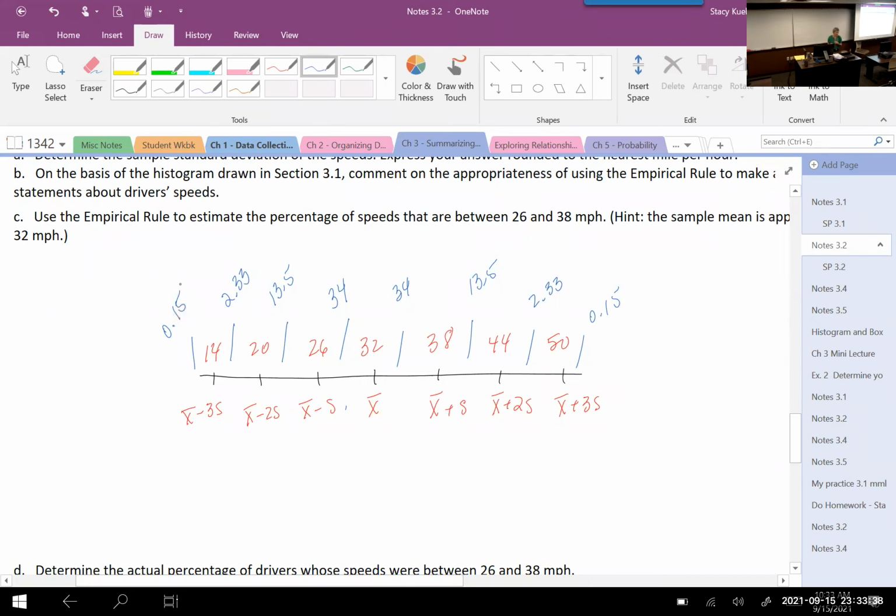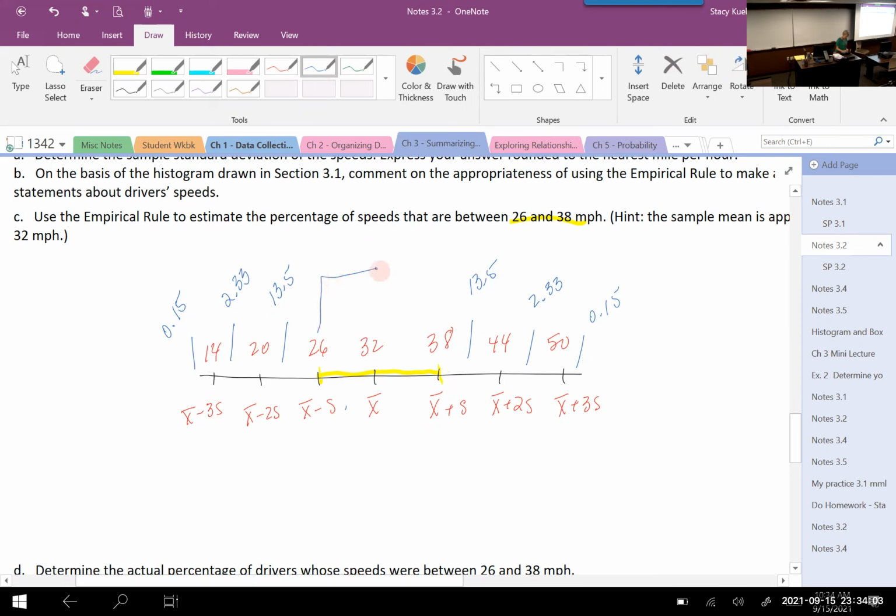Now, the question says, I want to estimate what percentage of speeds fall between 26 and 38 miles per hour. So I'm here at 26 all the way up to 38 miles per hour. Maybe a better way to look at that would be this way.